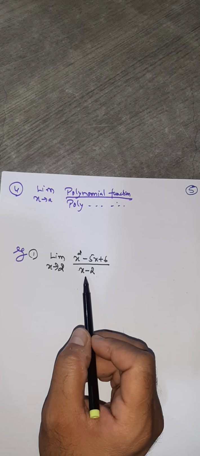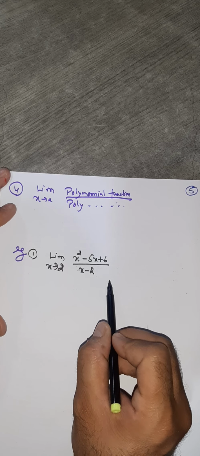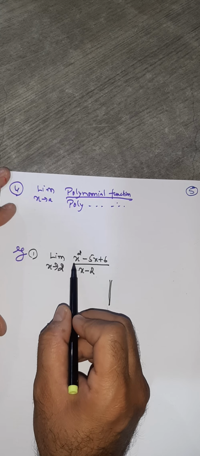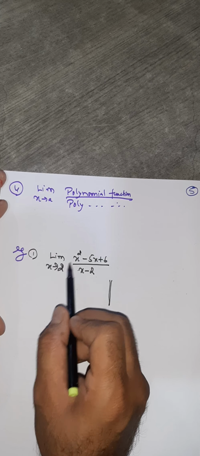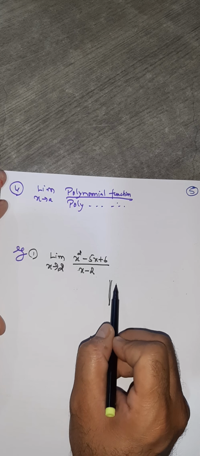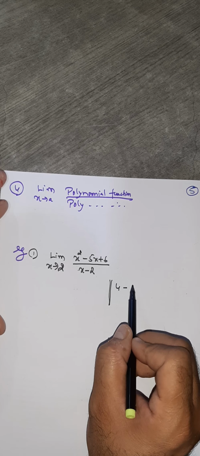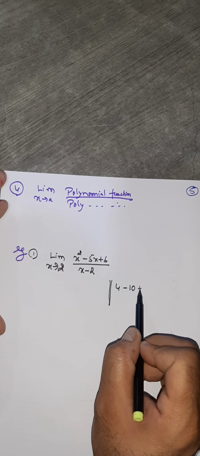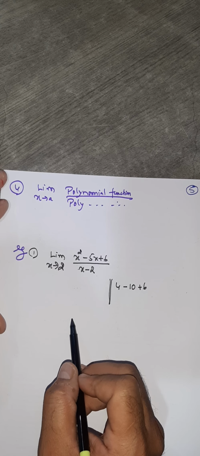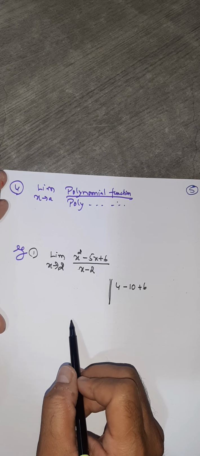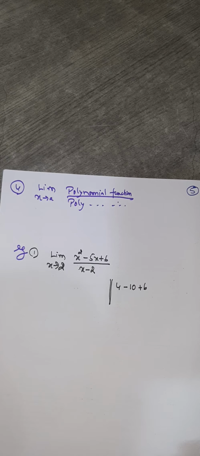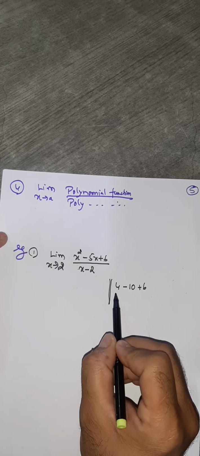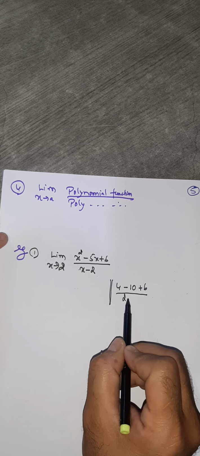Now see what happens if I directly apply the limit by the division rule. Applying the limit means instead of x I'm putting 2. So 4 minus 10 plus 6 gives 0, and 2 minus 2 is also 0.